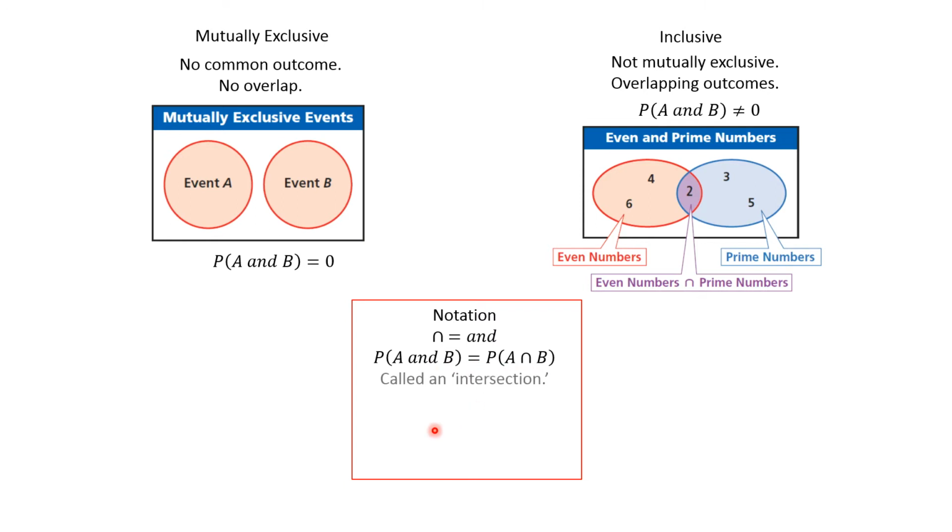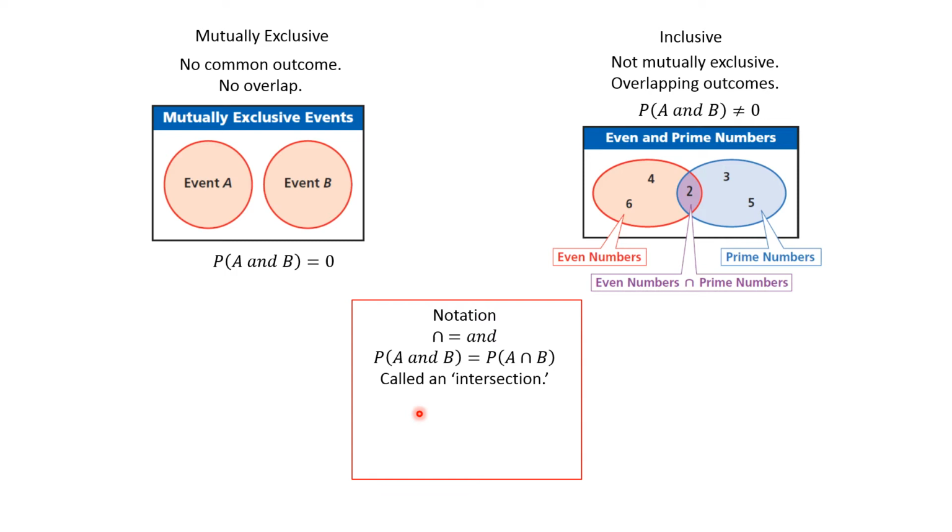But what the symbol is called is an intersection. It's where this group intersects with this group. It's where they meet. So we have a symbol for and, because and is a very long word, and having that symbol saves very valuable time.